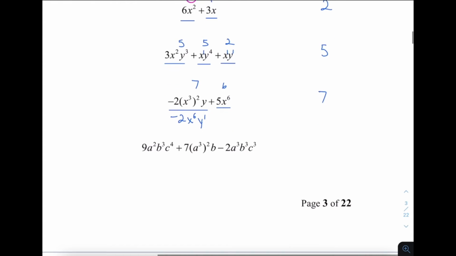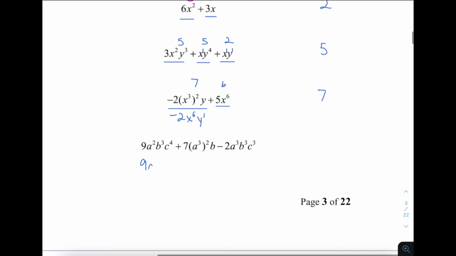I'm going to simplify the last one as well. 9a²b³c⁴ simplifies, and the degree is 9: a to the power of 6, b to the power of 1, and a cubed, b cubed, c cubed. So again, we're tied for 9, but 9 is the highest, so we write that down.